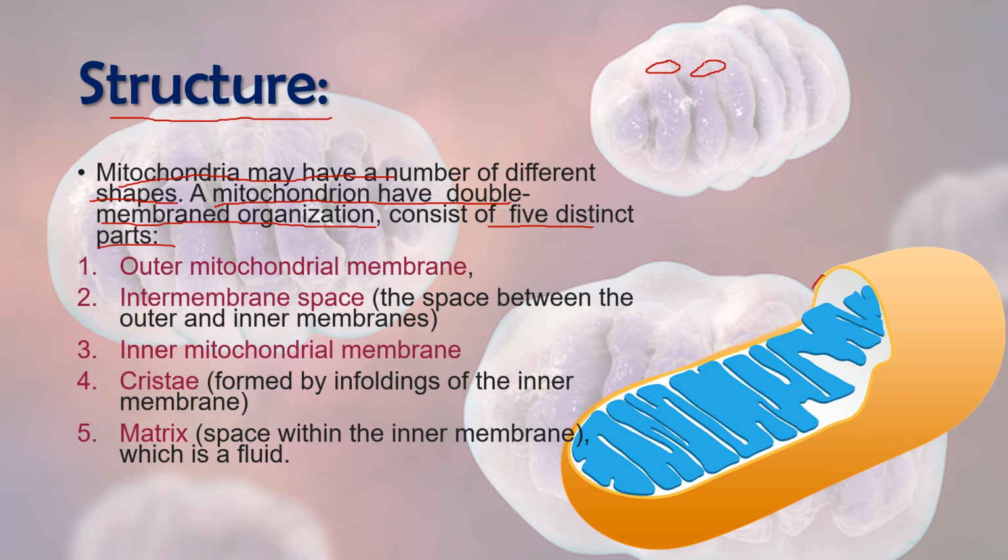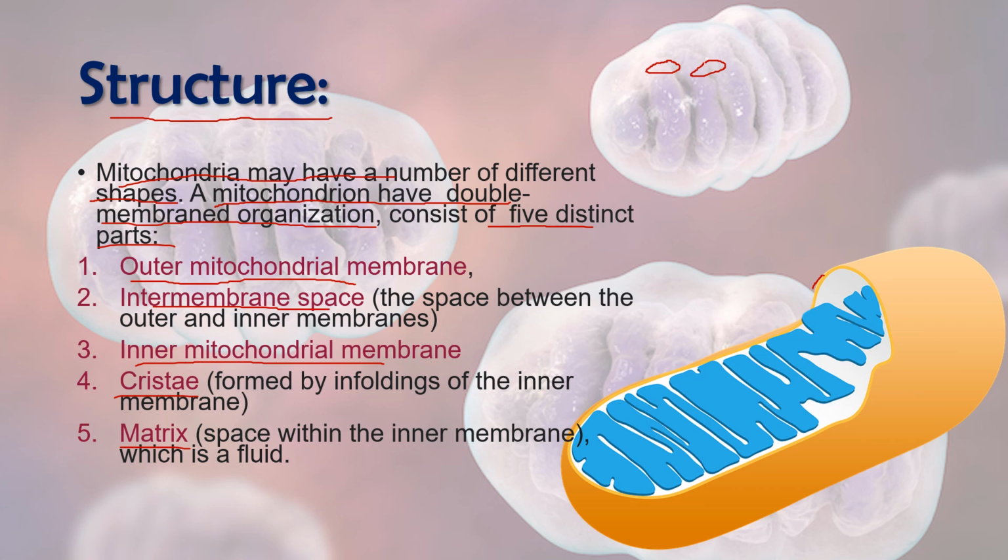So the structure of mitochondria consists of 5 distinct parts. These parts are the outer mitochondrial membrane, the intermembrane space, the inner mitochondrial membrane, cristae and matrix. Look at this diagram.